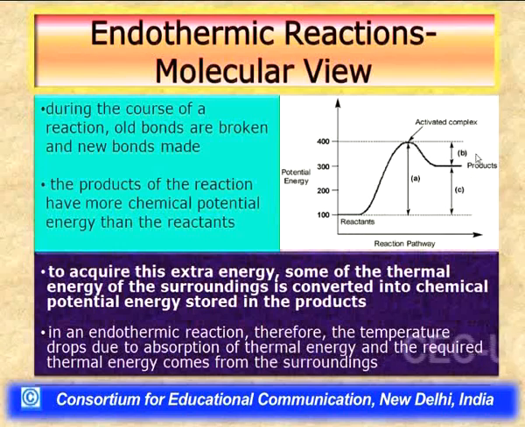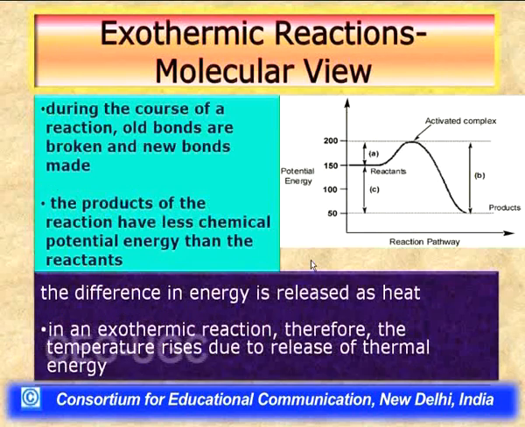It is the sum of the molar enthalpies of products, each times the stoichiometric coefficient, from which you deduct the molar enthalpies of reactants. Now, coming over to exothermic reactions, the situation in an exothermic reaction is completely reversed.